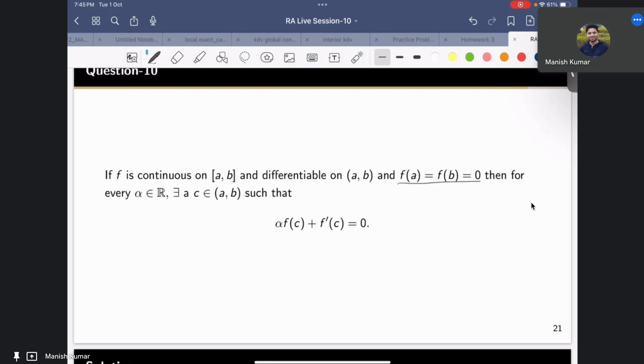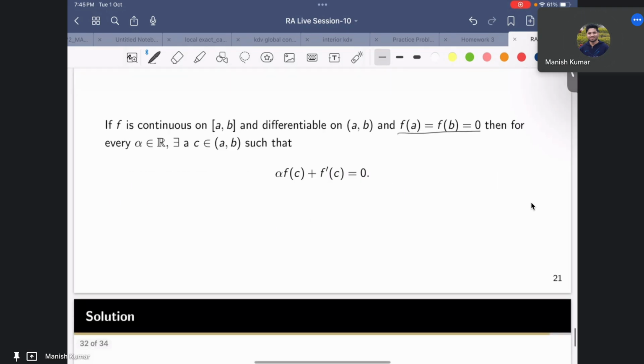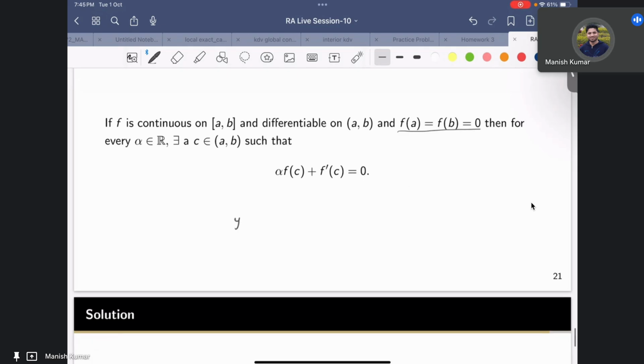Before going to solve this problem, can you tell me how you solve this kind of ODE, y' + alpha y = 0? This is a linear first order ODE, so you use the integrating factor.